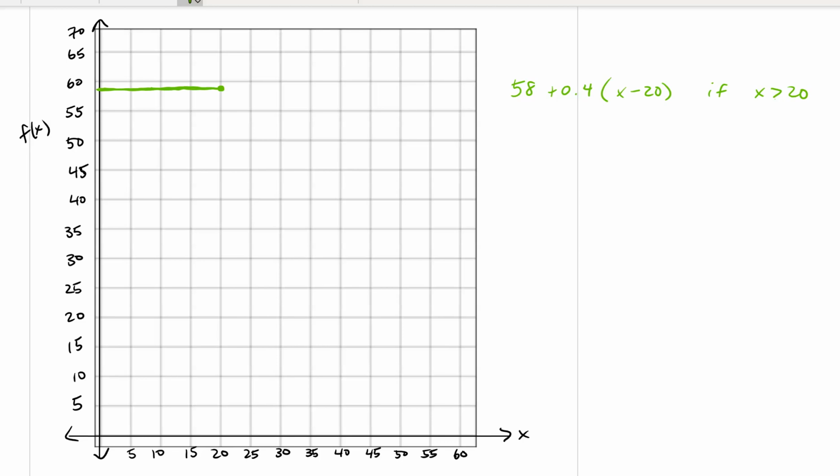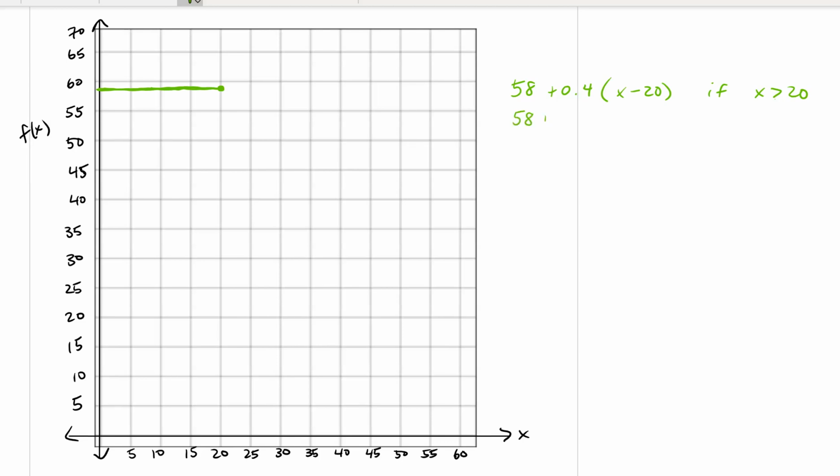So if I plugged in 20 there, x minus 20 would result in 0, and that term would disappear and it would just be 58. That wouldn't make sense because we're not plugging in 20, we're plugging in values greater than 20. So let's see if I use 21.